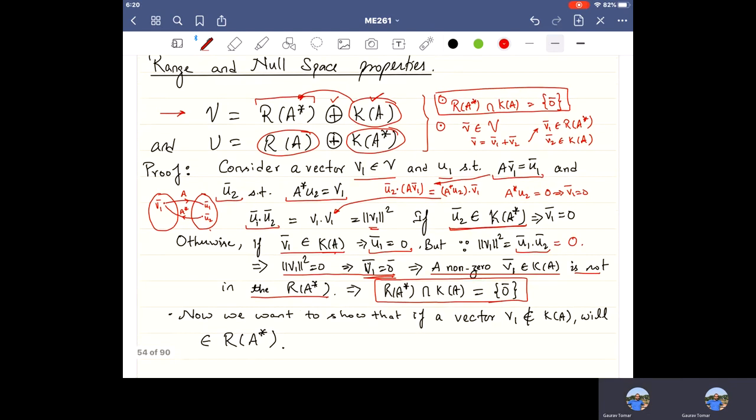Now this first part we have shown: the intersection of the range of A star and K of A is 0.